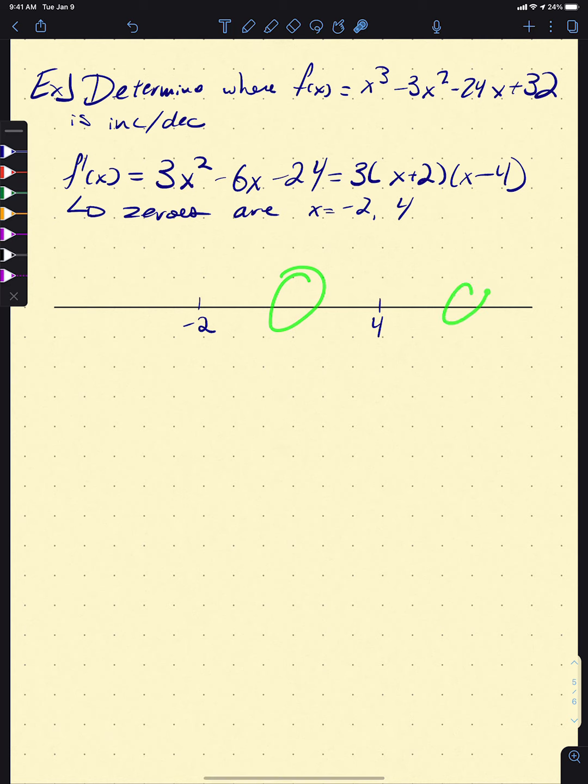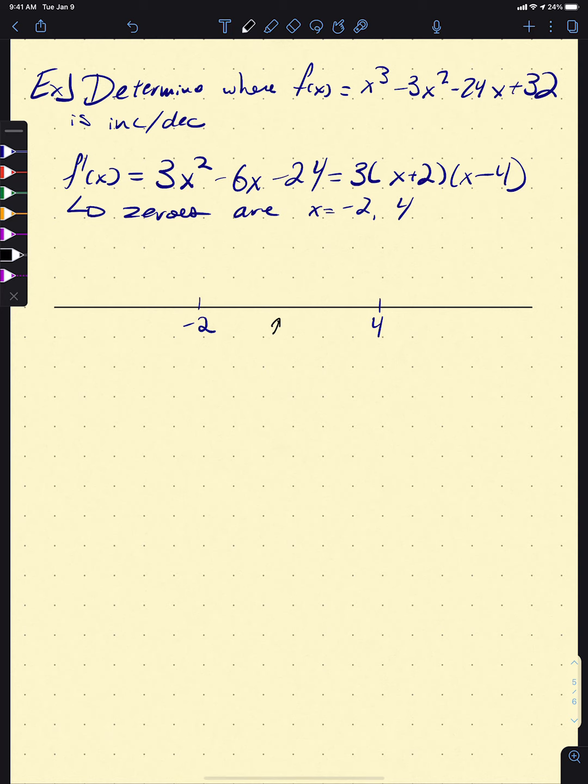This one isn't necessarily the same as this one, but on this entire interval, it's either positive or negative, which means we can pick a single test point.